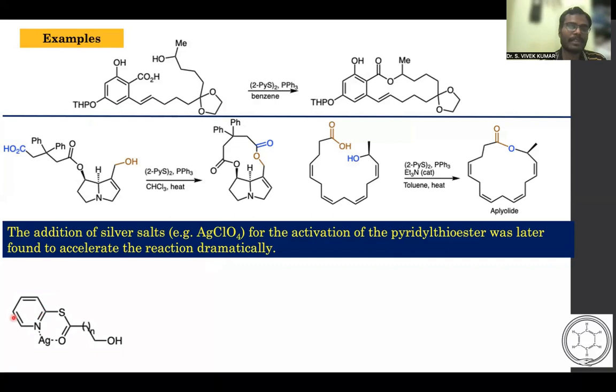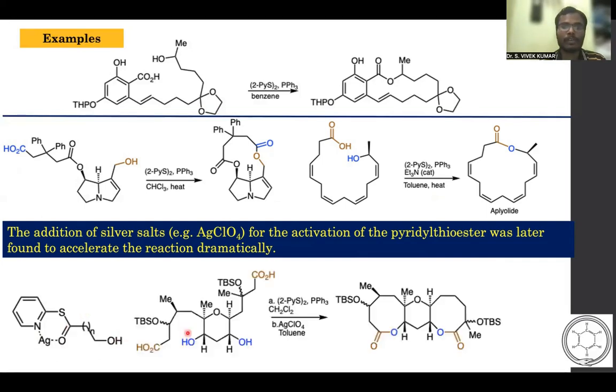The pyridyl thioester makes a complex with silver, and because of this complex formation, the carbonyl carbon becomes a more electron deficient center, so the alcohol can readily react to form the lactone. This is one example of using a silver salt for the macrocyclization step. In the first step, it generates the corresponding pyridyl thioester. In the next step, when we add the silver perchlorate salt, it makes the corresponding macrocyclic lactone product.